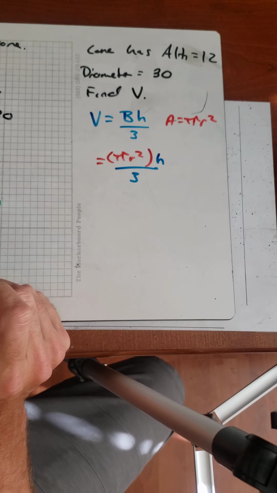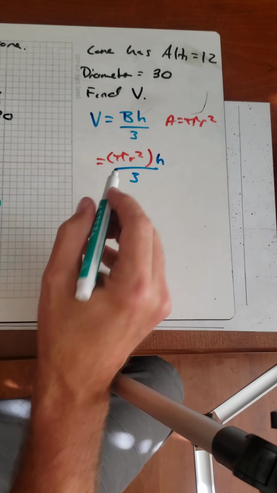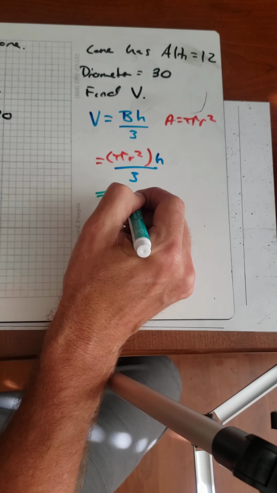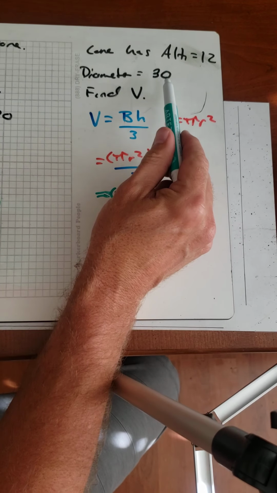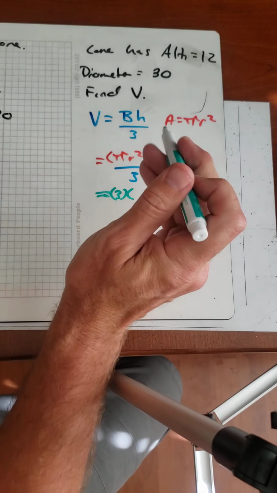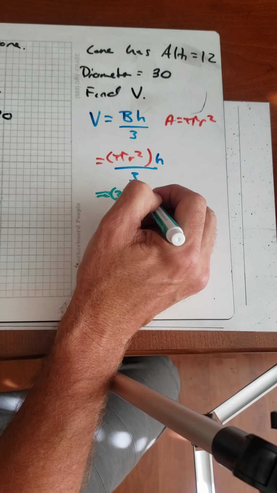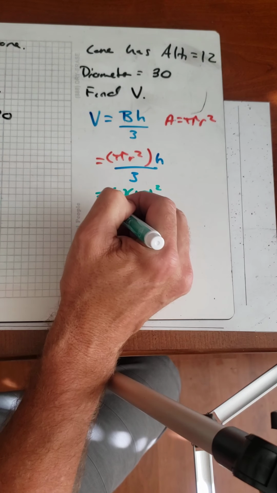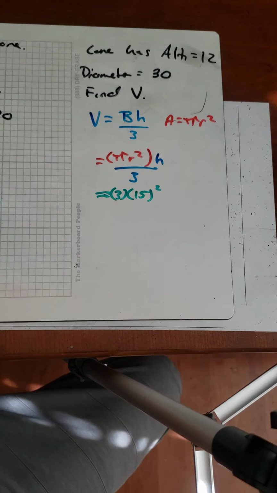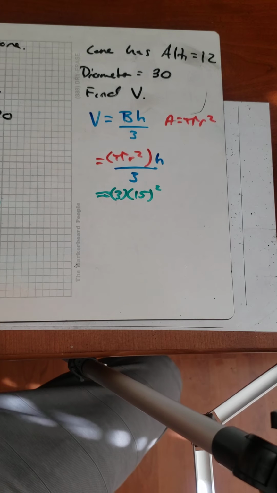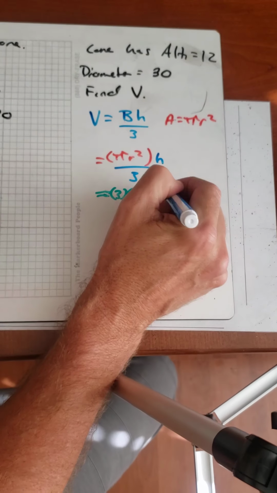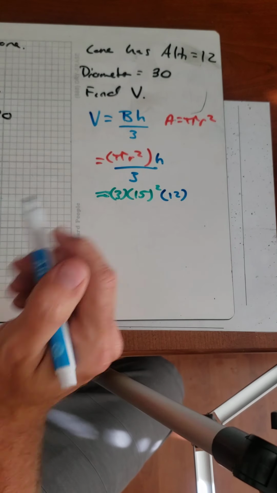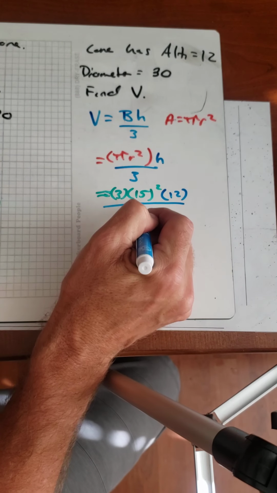Then I plug in what I know: pi is about 3, my r, half of my diameter, is 15, so that is 15 squared, times the height, which is 12, and all of that divided by 3.